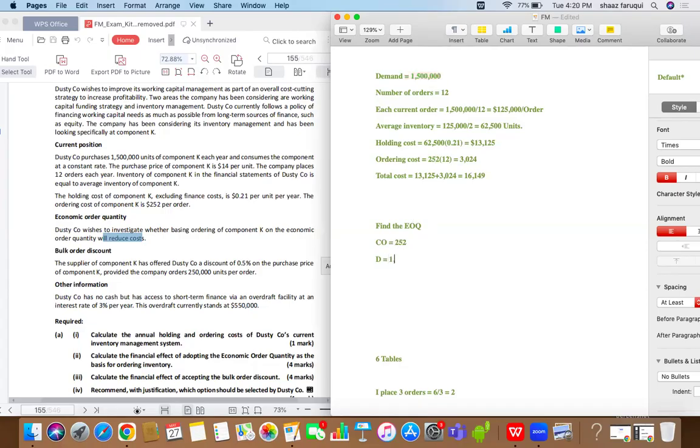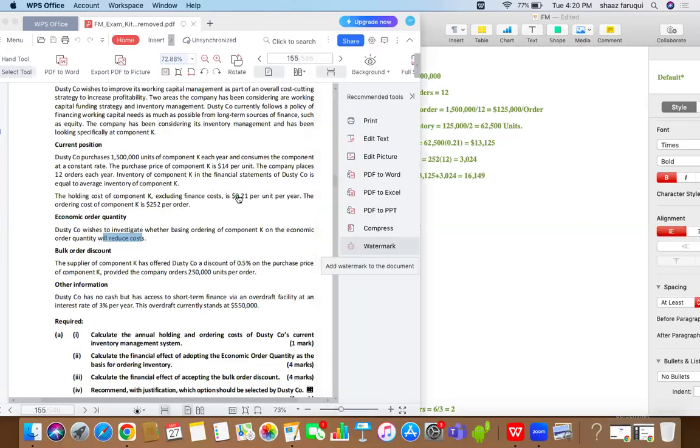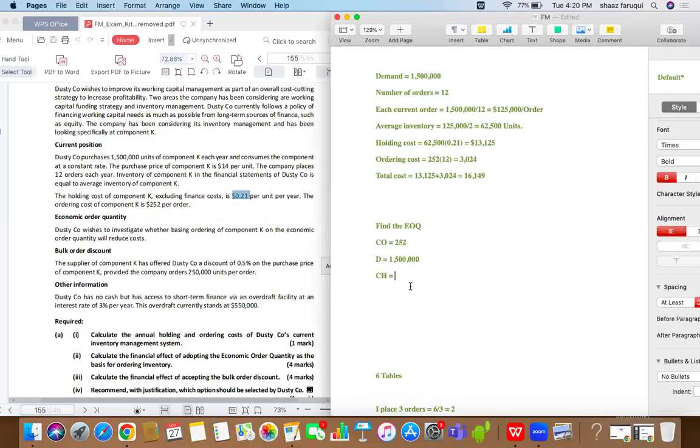This is again working capital management, guys. 1,500,000. C_O D by C_H. C_H is the holding cost. How much is the holding cost? Again, remember, when you use C_H, you are talking about the holding cost per unit. And the holding cost is 0.21.